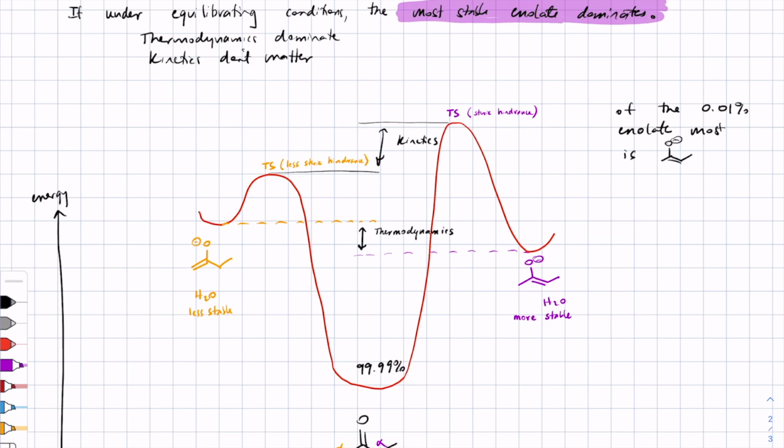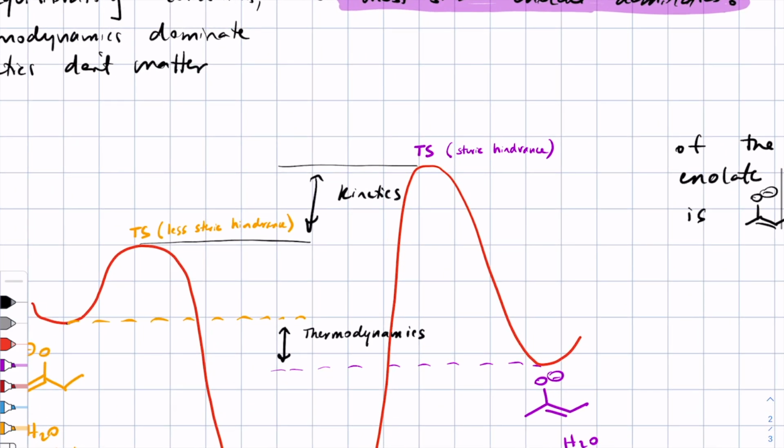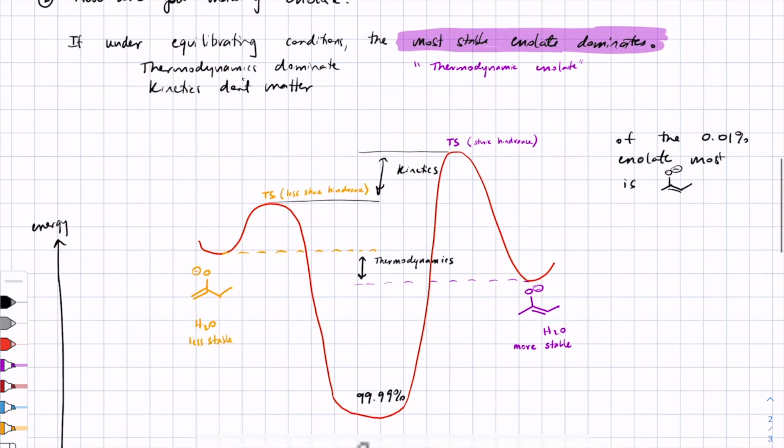That's a multi-syllable word that sometimes confuses people. If you want to use it for shorthand to remember this discussion, you certainly can. I generally don't, because I can't spell it. Thermodynamic enolate. Okay. Questions so far?